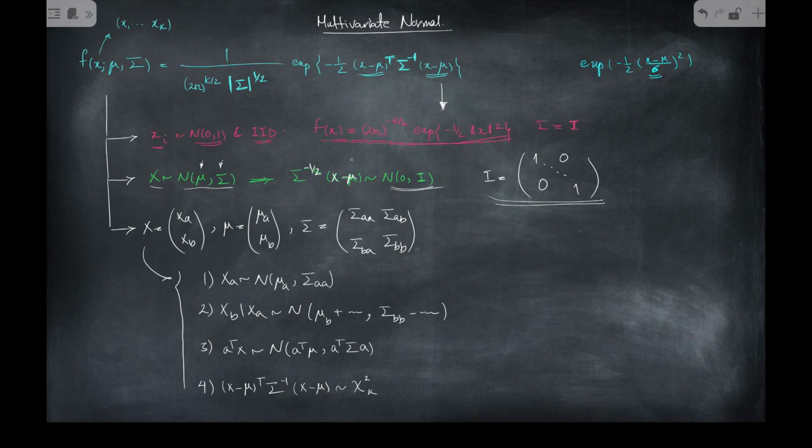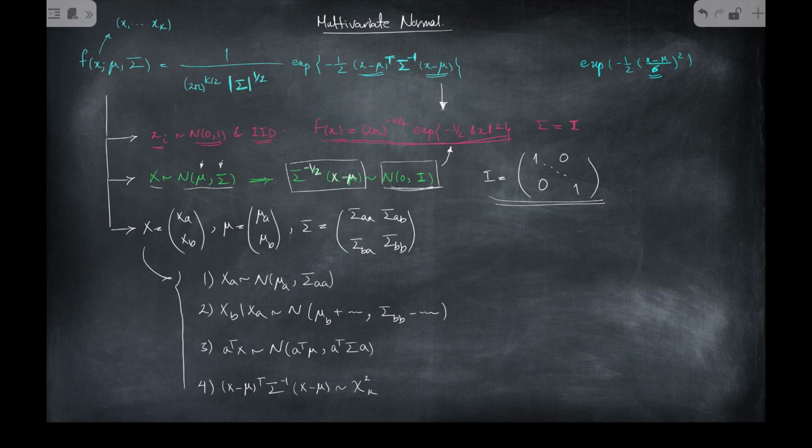Basically, if you do this transformation, you make the resulting random variables independent, because we know that's the form, and you can factorize this form. That makes the dimensions of x independent from each other.